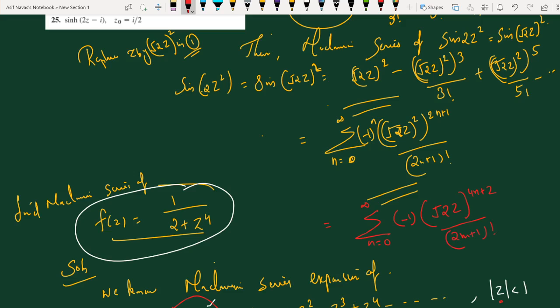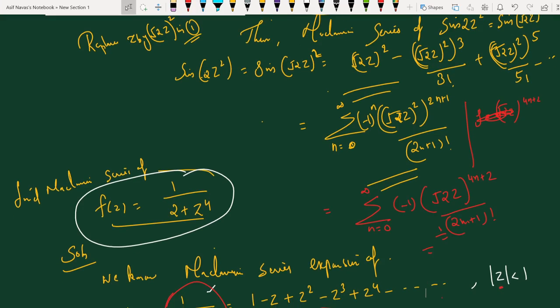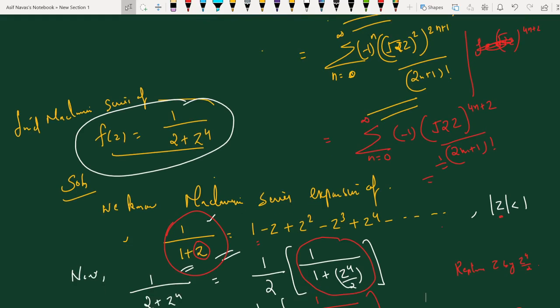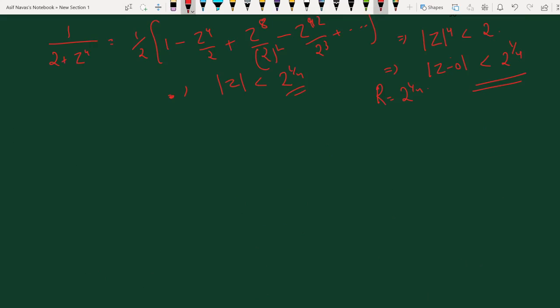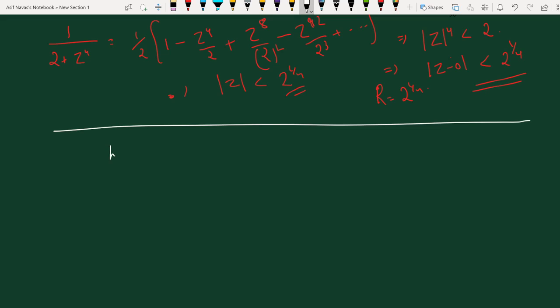Now if you find the ratio, just the limit of this. So we know how to find the radius of convergence. I will give you an idea. I am not using the formula, I am just giving an idea.